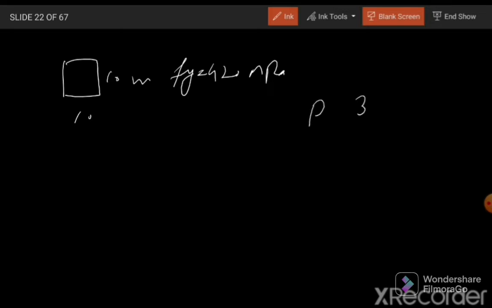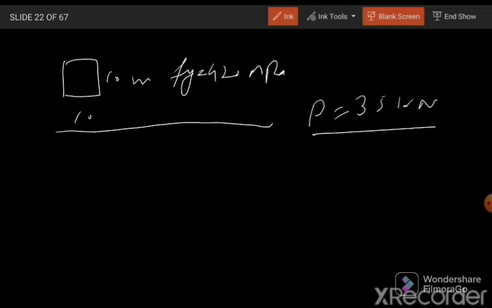For example, we have selected a rectangular section of 10 by 10 millimeter, and Fy is 420 megapascal. And the applied load is, for example, P is 35 kilonewton. So we will check whether our assumed section is capable to resist this 35 kilonewton or not.